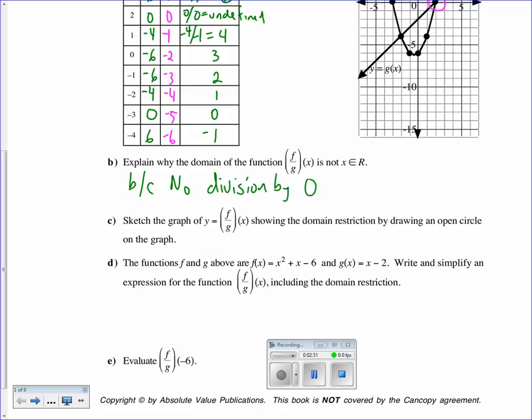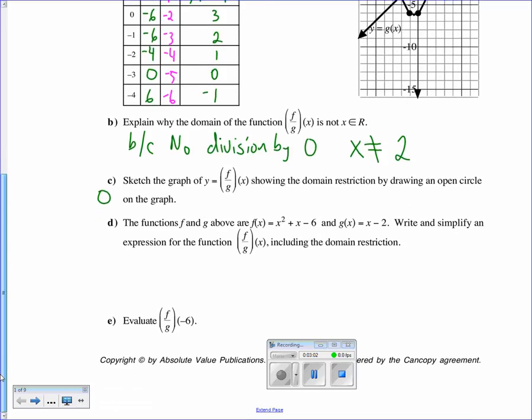So x cannot be the value that caused that undefined state. x cannot be 2. So we could build the graph and show an open circle at that spot. You could build that graph if you like. And I'll do that right away here. I'll do the algebra down here and then come back and build the graph.